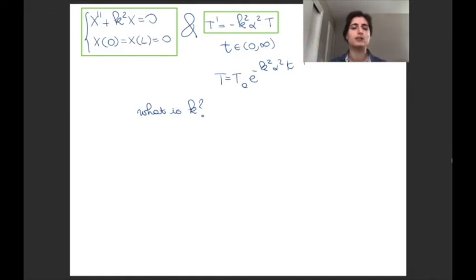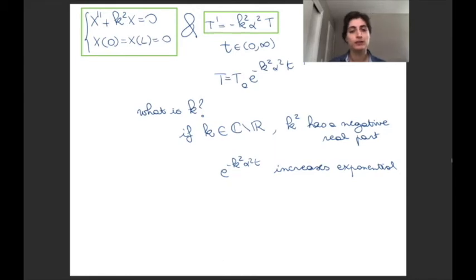And here we can start looking at k a bit more strictly. What do we want k to be? So this is an exponential. We need something up there that doesn't explode over time. So physically, we are expecting T, the temperature, to be bounded.